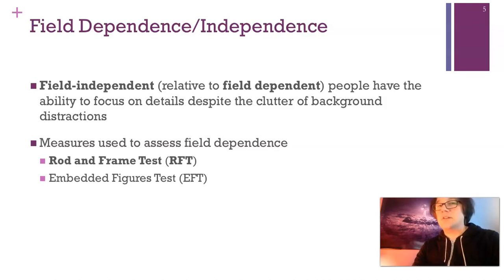But how exactly do we measure field dependence or field independence? Well, there are a couple of measures to assess field dependence. One is the rod and frame test, and the other is the embedded figures test. The rod and frame test consists of a movable rod inside of a frame.